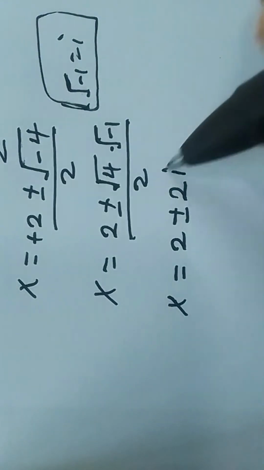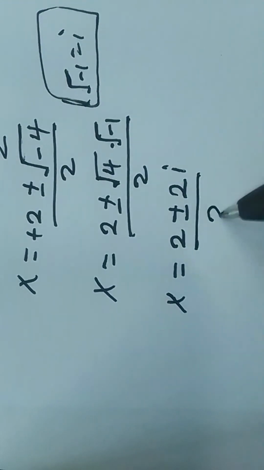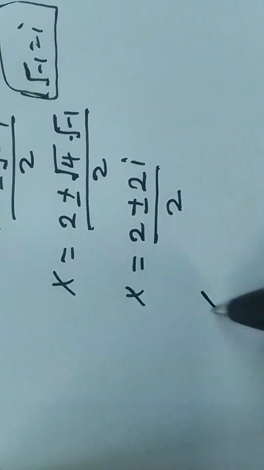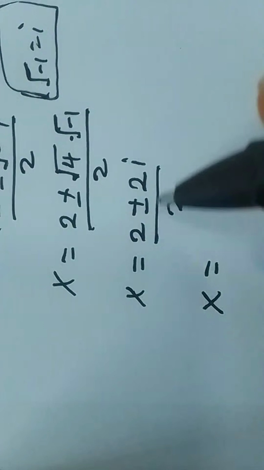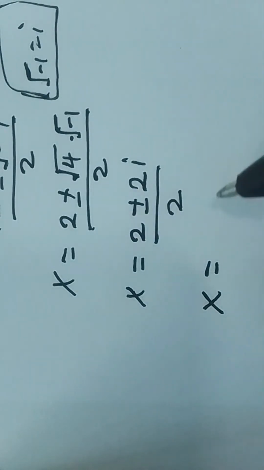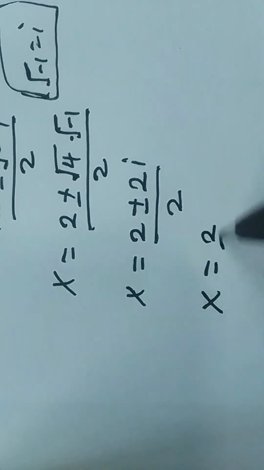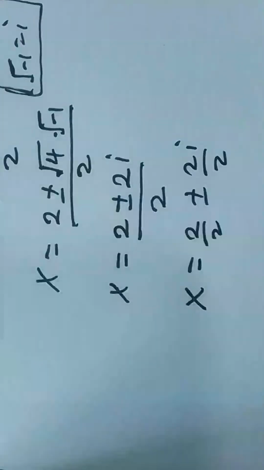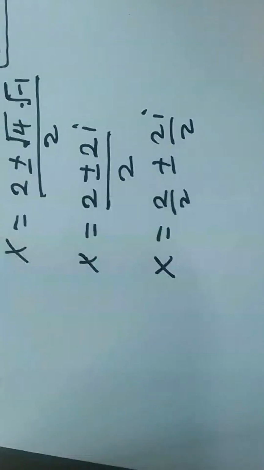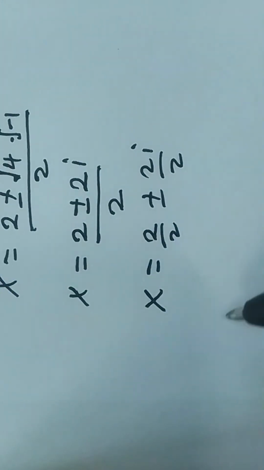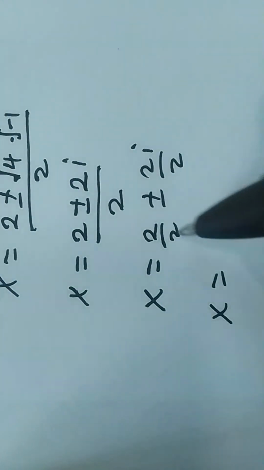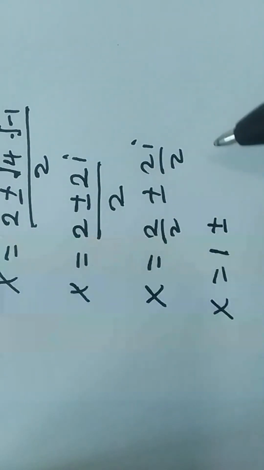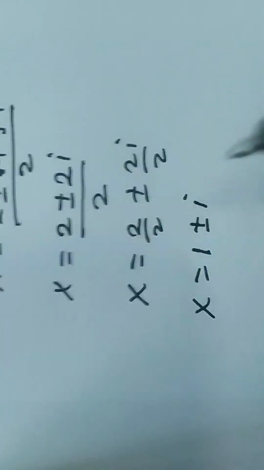So we have i here divided by 2. This guy could be written as 2 over 2 plus or minus 2i over 2. So 2 over 2 is simply 1, plus or minus 2 over 2 also is 1, 1 times i, we have i.